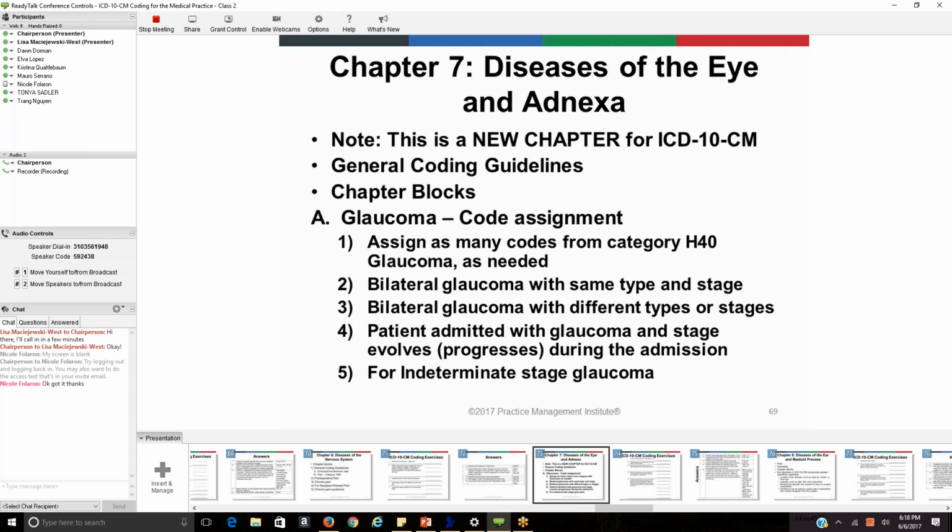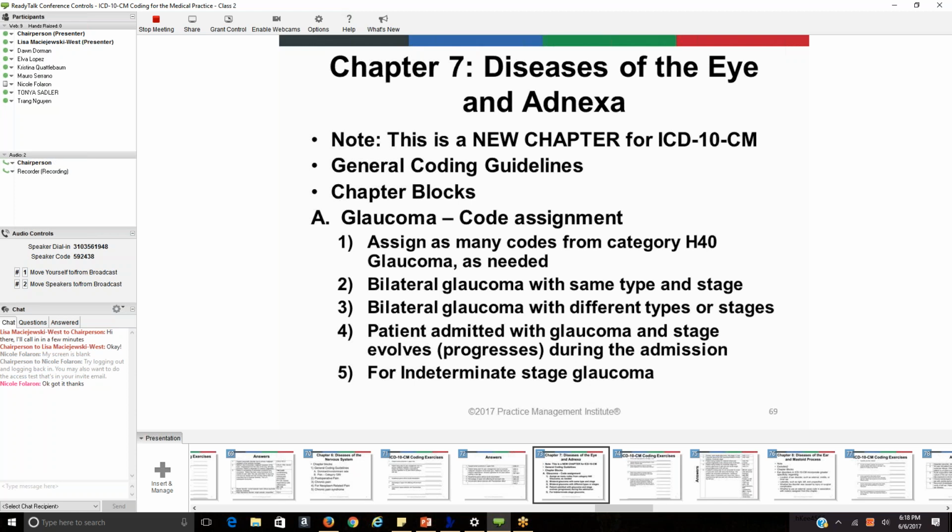You'll see that many of the codes in this chapter will have that bilateral component, but do remember that for glaucoma, if there are different stages, you're going to need to code those eyes separately and not use the bilateral component, okay?